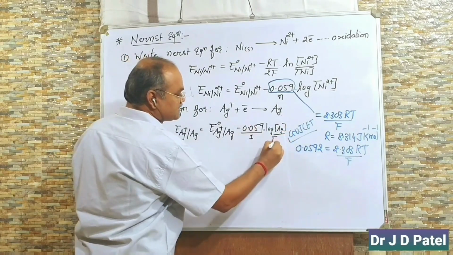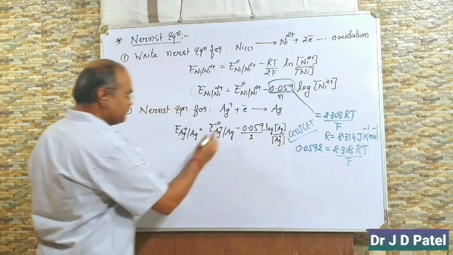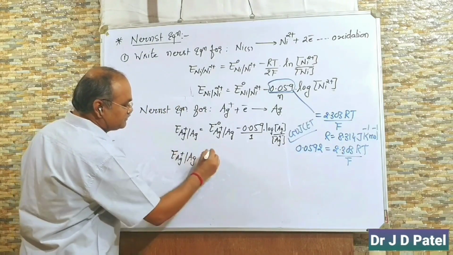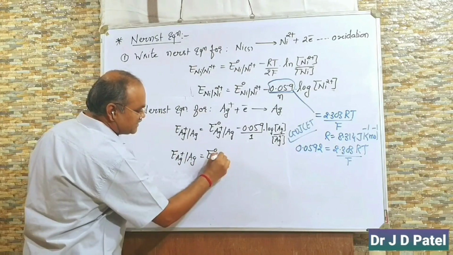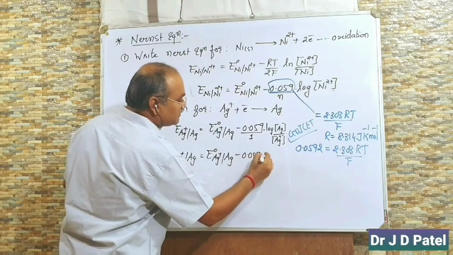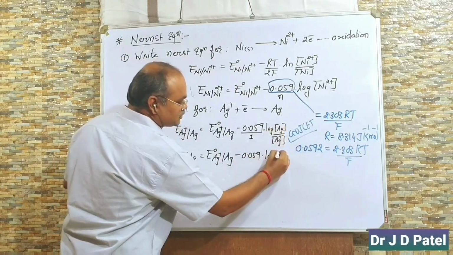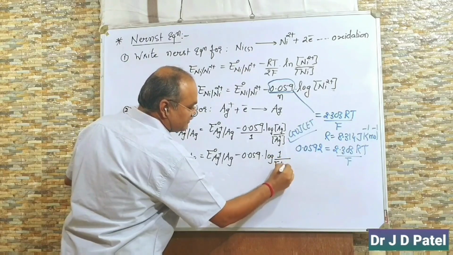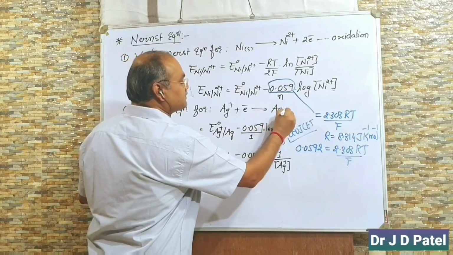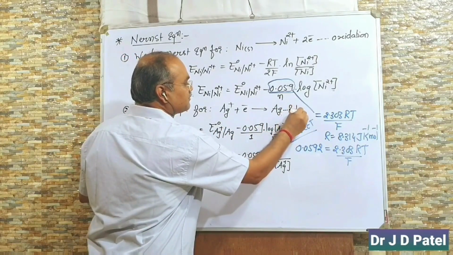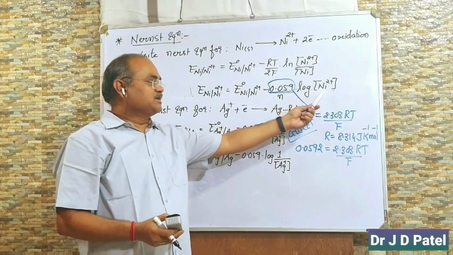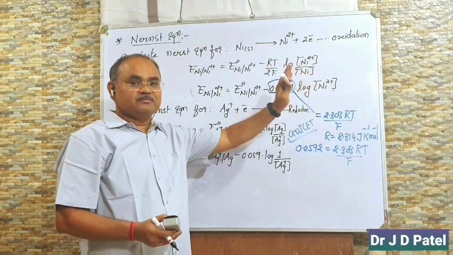But we know E Ag oblique Ag is E0 Ag plus oblique Ag minus 0.059 into log of the concentration of Ag solid, which is 1, divided by Ag plus. This is for reduction. So for oxidation, you can see the concentration of the metal ion is on the top, and for reduction the concentration of the metal ion is below.